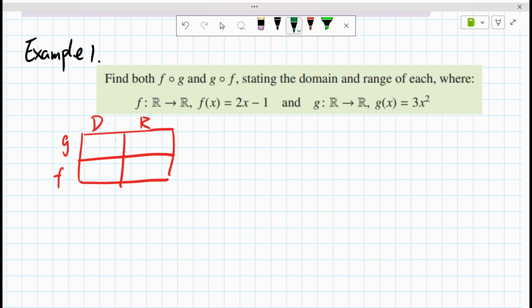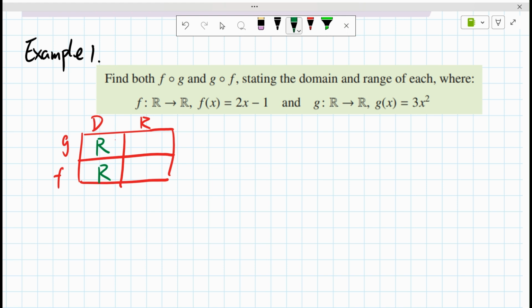Because it's nearly Christmas, we'll use colorful red and green colors to make it look like a Christmas tree. The domain for g(x) is the real numbers, and the domain of f(x) is real numbers as well.